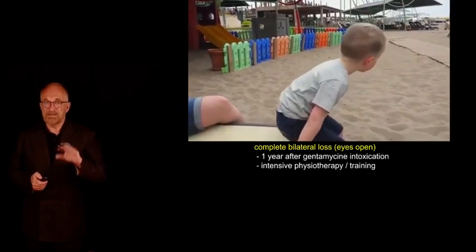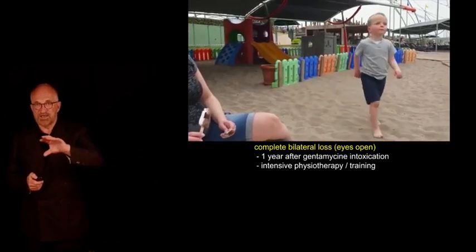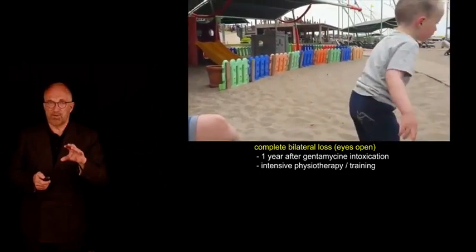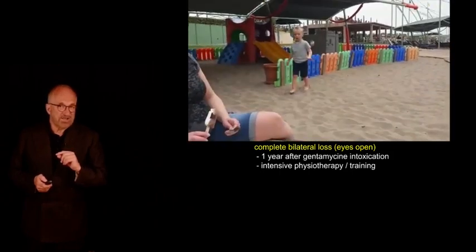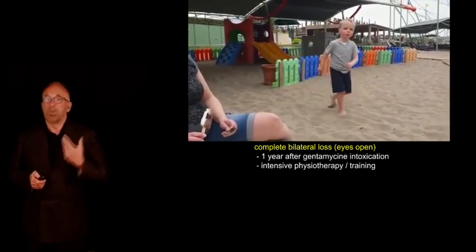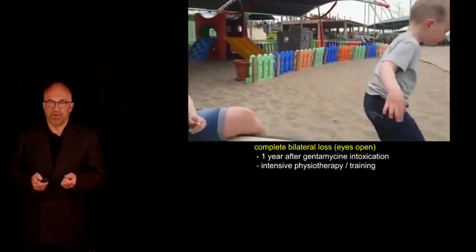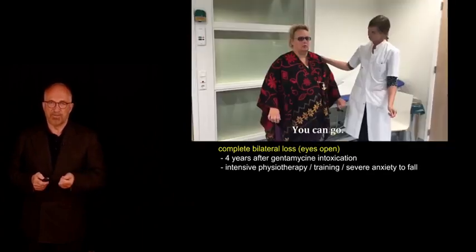And you see that he still has a wobbling head, and especially on the sand where somatosensation is impaired, he really walks like a drunken sailor, but he only drank Coca-Cola. So this will never become completely normal. He will always be handicapped in balance control. But still, with rehab, intensive training, he can improve.